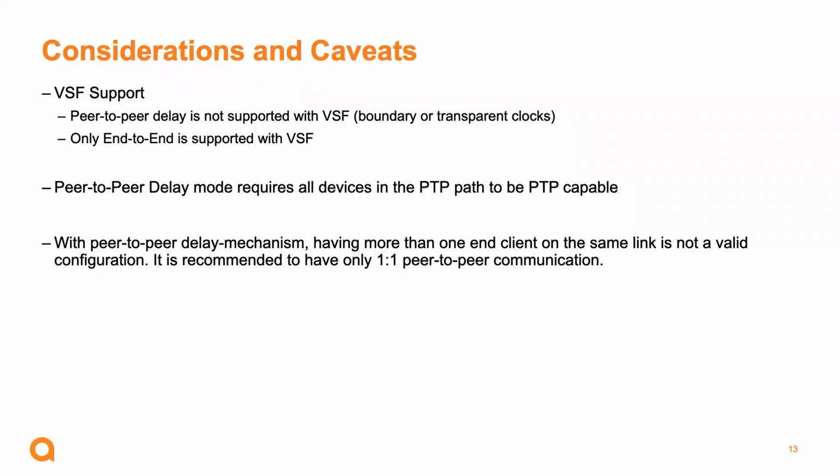And that has to do with the way the transparent clock handles the calculation of the delays. So that also translates into not being able to deploy non-PTP devices between the transparent clock and the end devices.